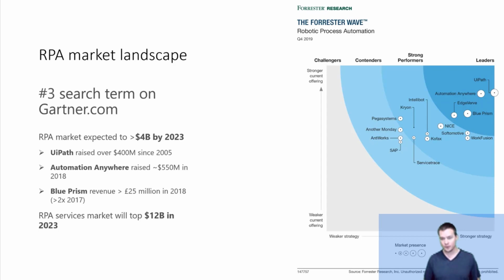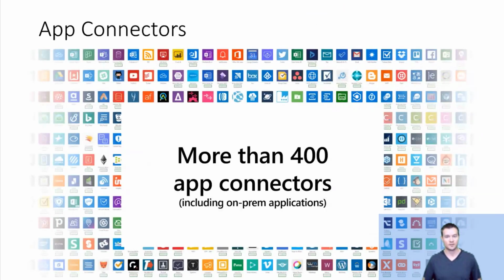So when talking about the Power Platform and Microsoft as a vendor for RPA, this landscape is a bit different, because in Microsoft we also have a whole set of connectors. When creating new workflows and new applications, we can first try to find an existing connector to the application we want to include in our processes.